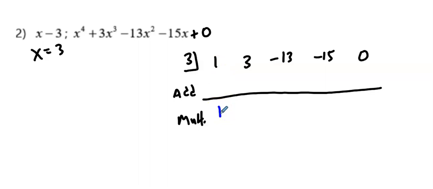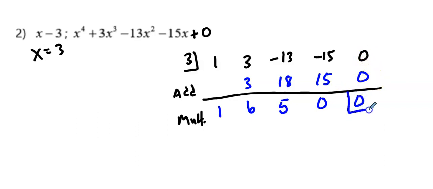So 1, now we'll multiply 1 times 3, 3, add 3 and 3 is 6, multiply 6 times 3, 18, add negative 13 and 18 is 5, 5 times 3 is 15, negative 15 plus 15 is 0, anything times 0 is 0, and then when we add for the remainder, again we get a 0, which indicates that 3 is a root.